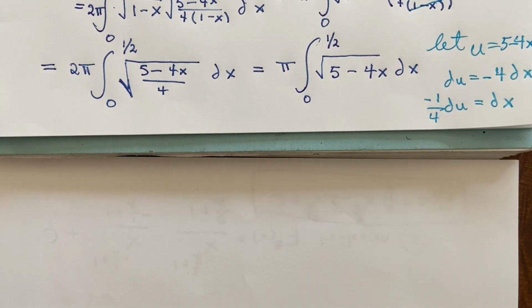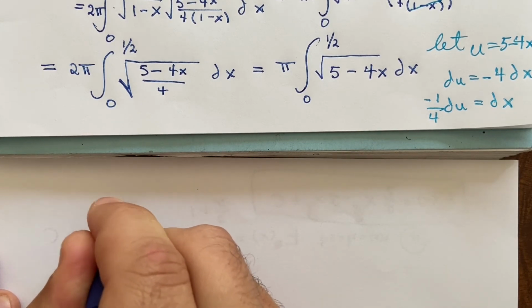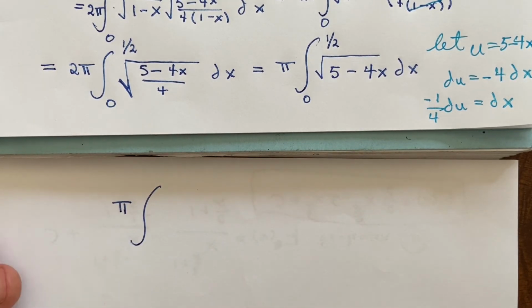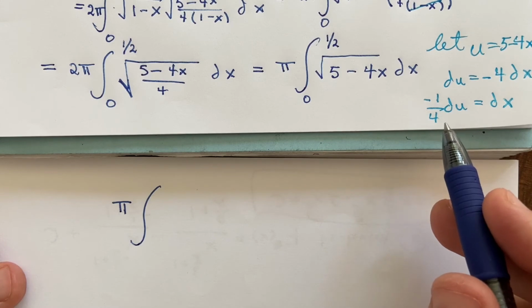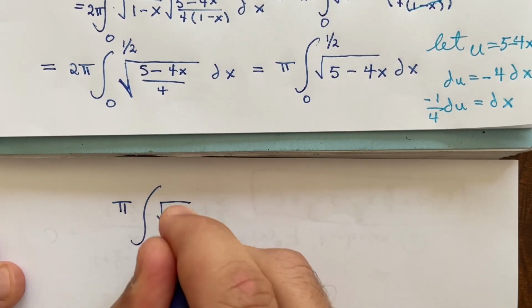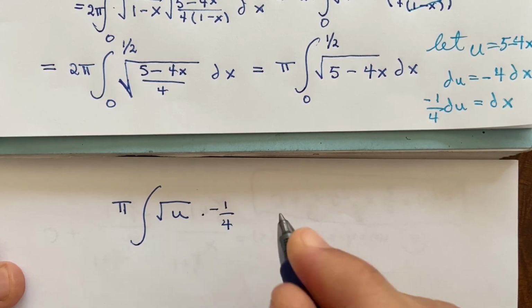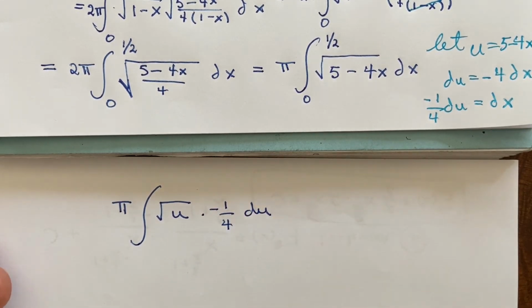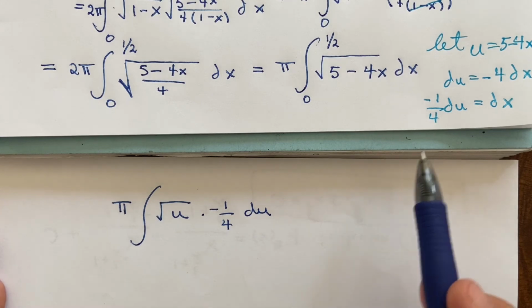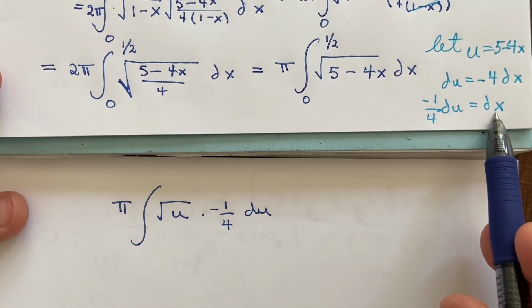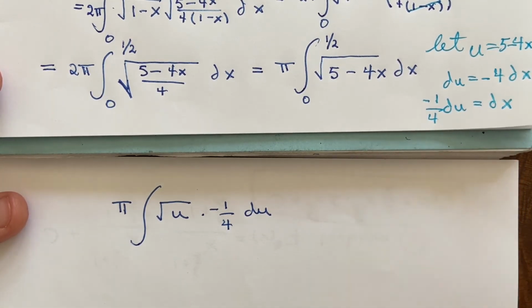All right, so writing all that out. So we still have pi out front. Then I have the square root of u times negative 1/4 du. All right, just plugging all this stuff in. I substituted out dx, and what replaced it is negative 1/4 du.